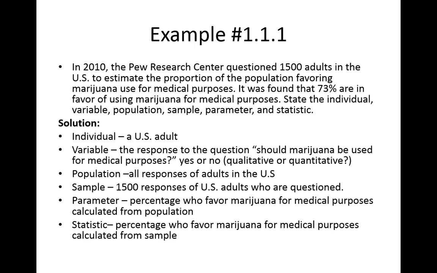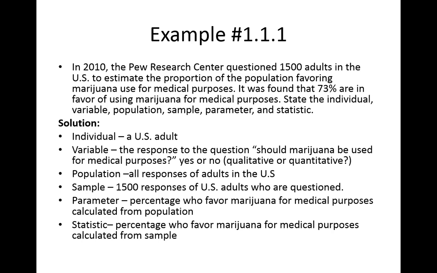Now, oftentimes, to identify those different classifications, I often like to start with the parameter or the statistic, which is the calculation, the computation. What is it I'm trying to calculate?